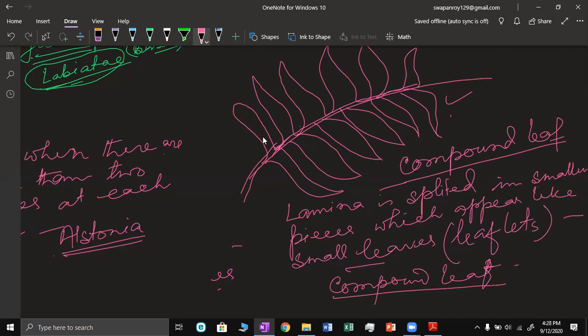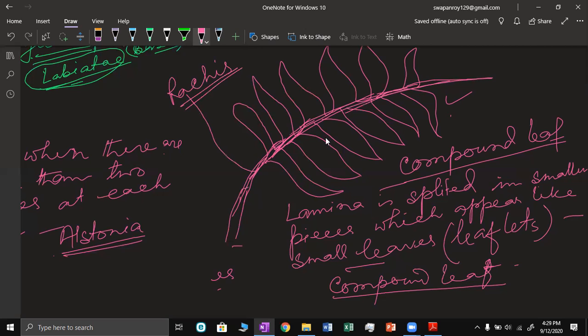The incision of the lamina, this margin, has reached up to the midrib. So this midrib is then named differently. The midrib is now called the rachis.